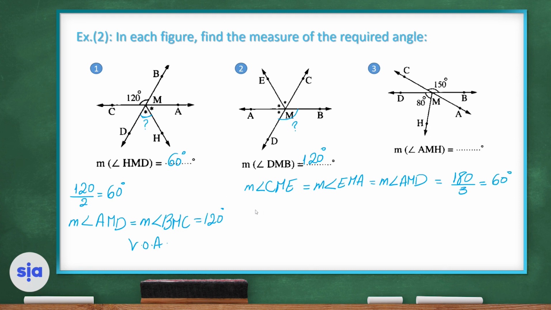Then the measure of angle CMA equals the measure of angle DMB, which is equal to 2 times 60 degrees, which is 120 degrees.